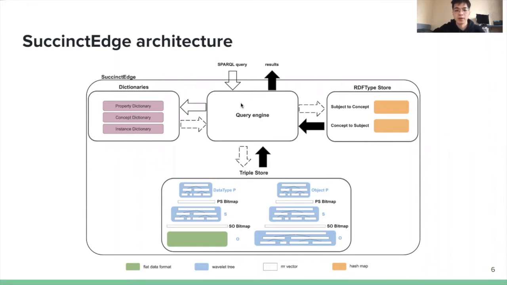Then, the query engine sends the translated triple pattern to the RDF type store or triple store to get its corresponding result, and does the join work with the temporary result set. After all the join work is done, the query engine will output the result.